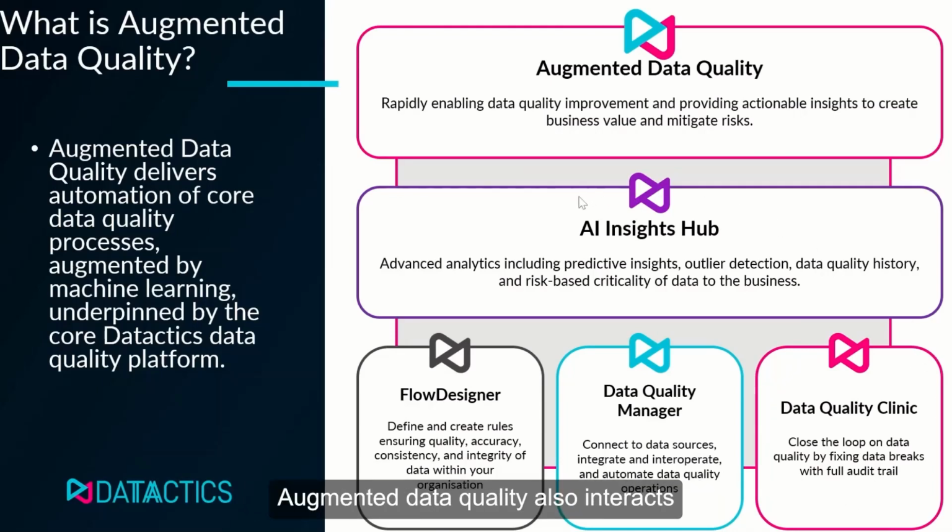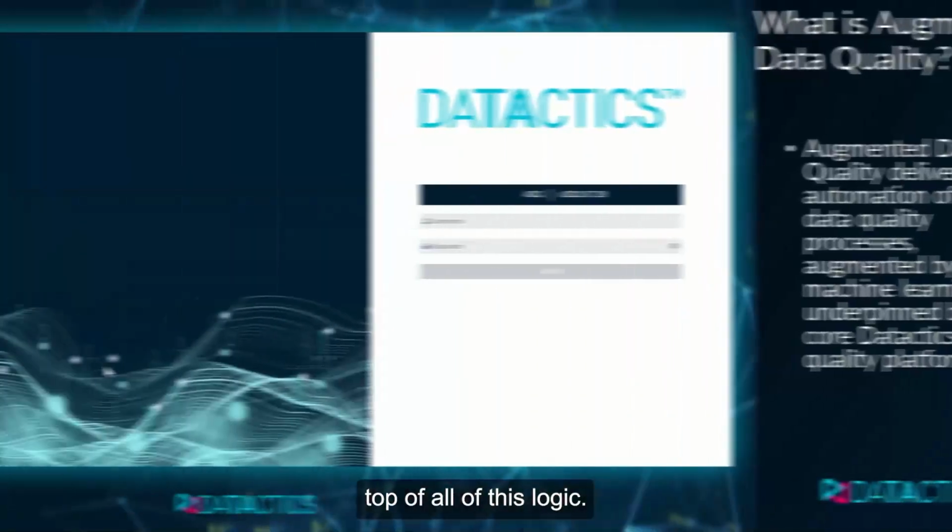Augmented data quality also interacts with the Insights Hub, which is an advanced analytics layer to provide insights on the data quality process. And then the ADQ is effectively a user interface on top of all of this logic.